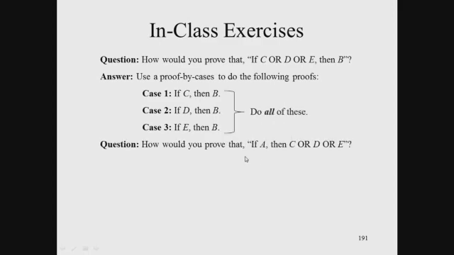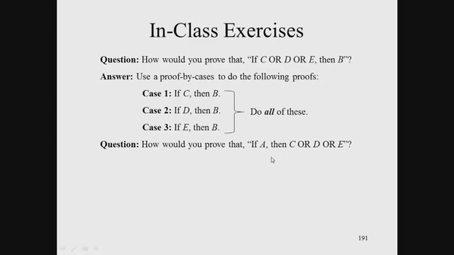In contrast, how would you prove that if A is true, then either C or D or E is true? First of all, is this going to be a proof by cases or a proof by elimination? Elimination. Proof by elimination, because the keywords either-or appear in the backward process. How would this work? What should you assume and what should you try to conclude? Assume that A is true and not C is true, and not D as well?